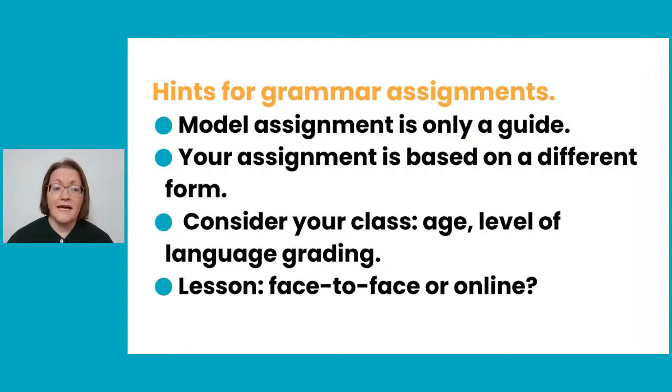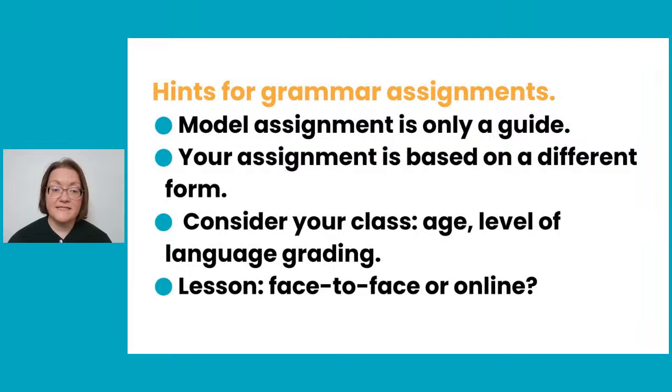However, your assignment is based on a different grammatical point. For example, in the level 5 grammar assignment, the model assignment is on the present perfect tense, but your actual assignment will be on the first conditional. So to reiterate, the model assignment is only there as a guide so that you can see what an assignment looks like, but your actual assignment will be on something different.